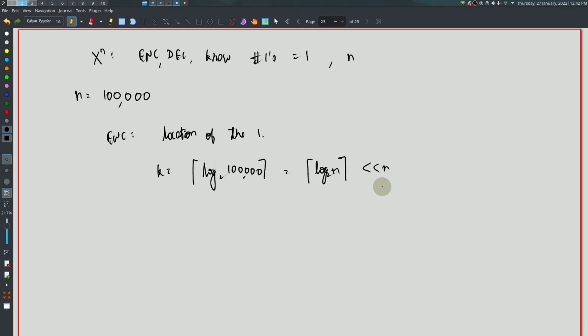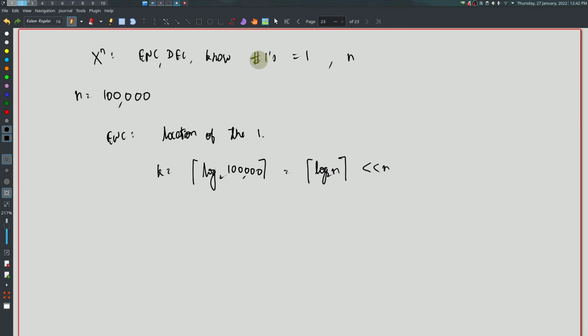So this is a way you are getting compression. Even though you're taking an n length sequence, you have some information about that sequence. You know the statistics of the source, and you're using that property to compress it from an n length sequence to a log n length sequence.